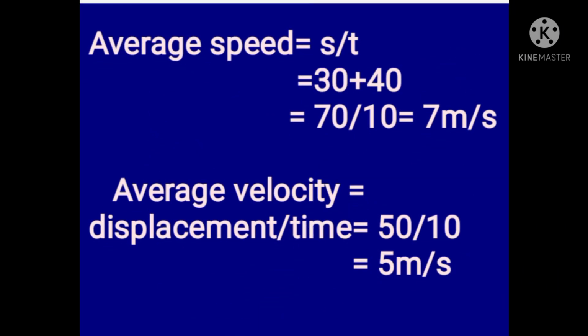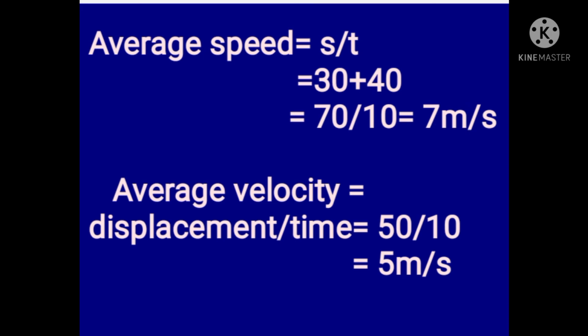We know that average speed is equal to total distance traveled by total time taken. So which is equal to (30 plus 40) by (4 plus 6), which is equal to 70 by 10. The answer is 7 meter per second. That is the average speed in this case.